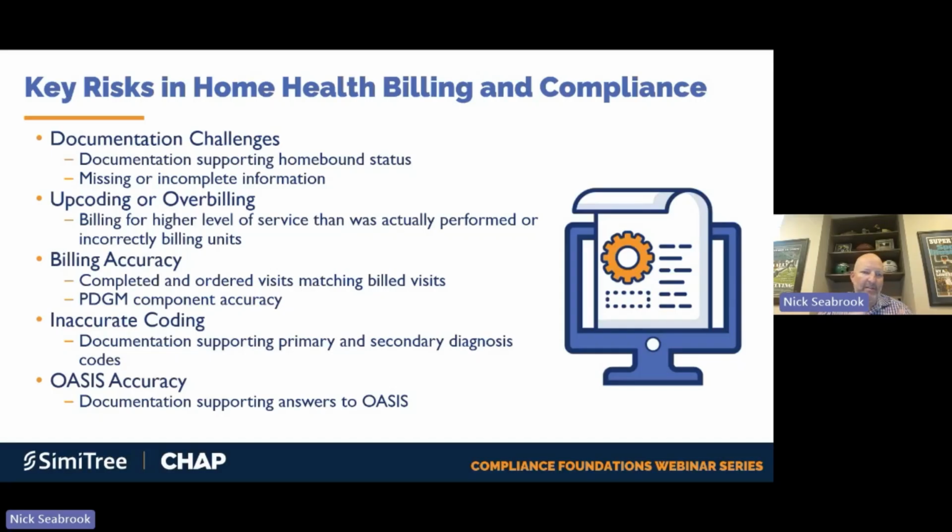Well, that doesn't jive. To me, that would be a red flag. You don't want to be in a situation where there's inconsistencies between what the supporting documentation says compared to the actual answers to the OASIS.